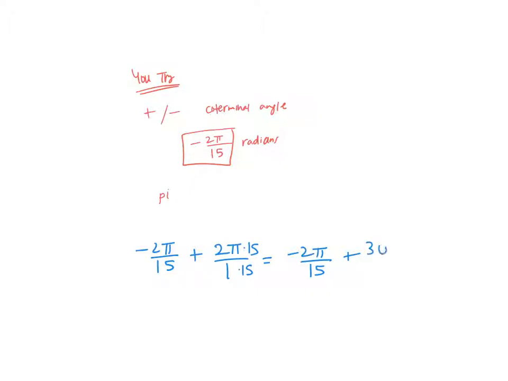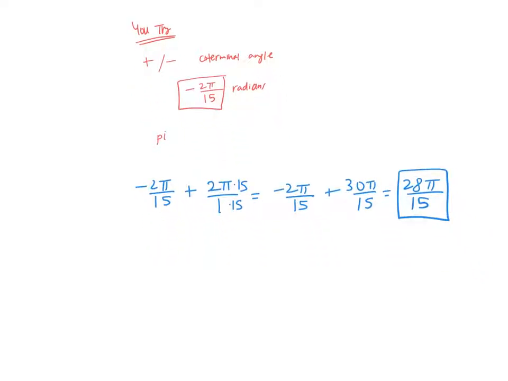So I get 30 pi over 15, which gives me 28 pi over 15. So that would be a positive coterminal angle. So you would have written 28 pi over 15.